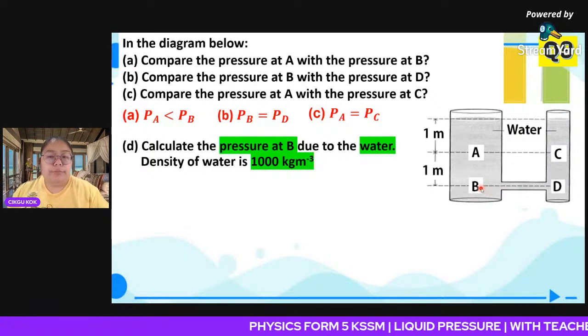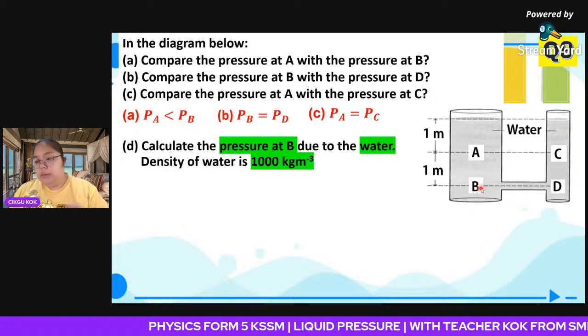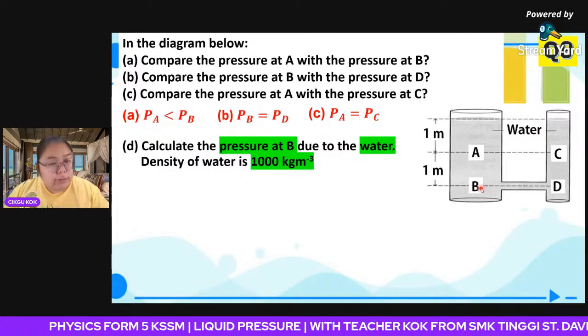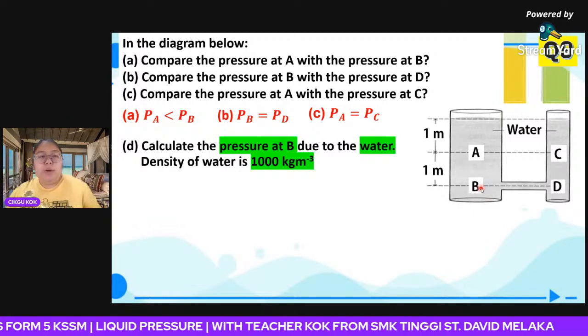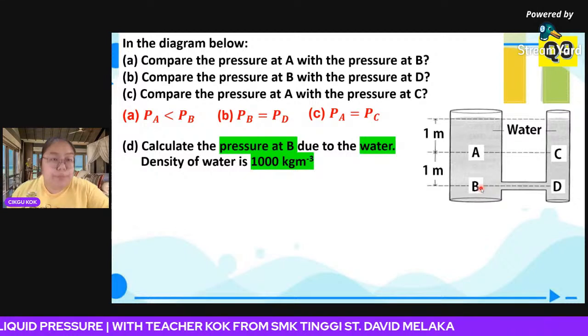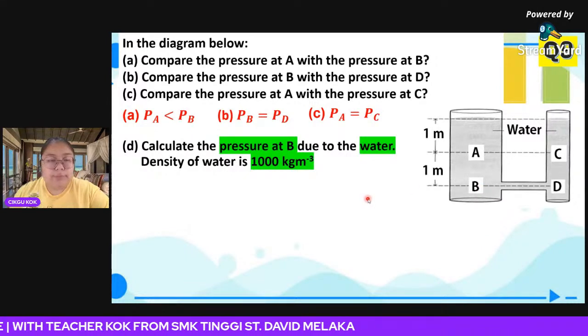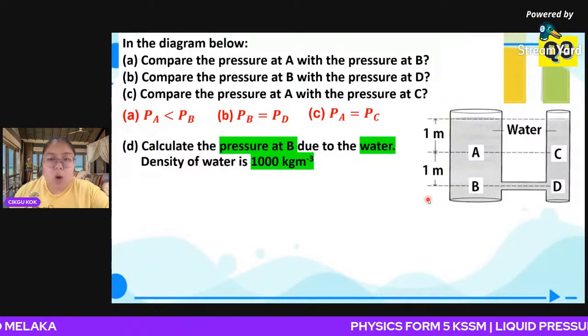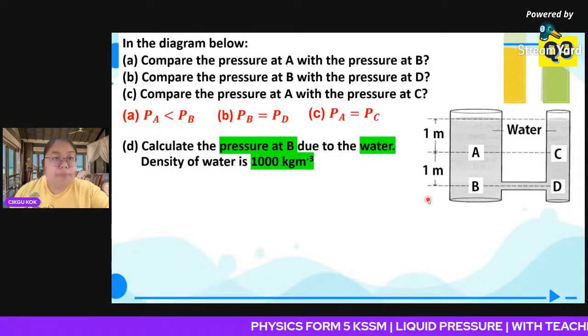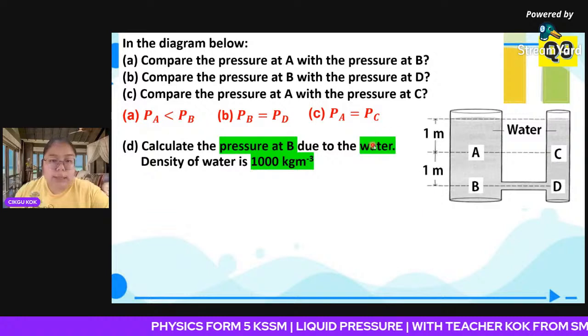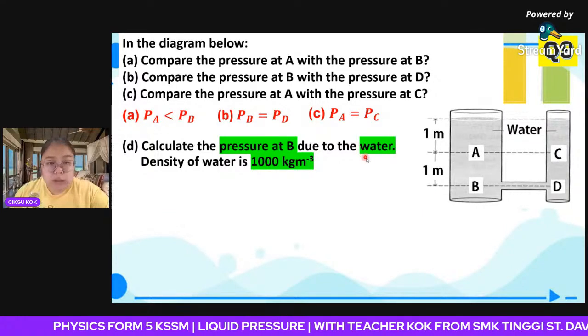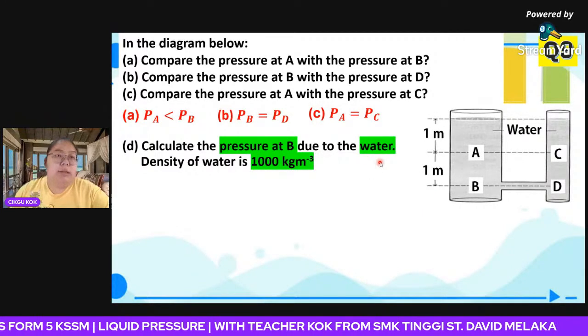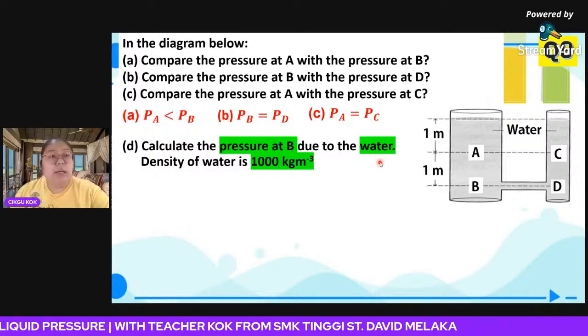You can start to press your calculator to find what is the pressure acting on point B, just due to the water only. Okay, 20 kilopascal.